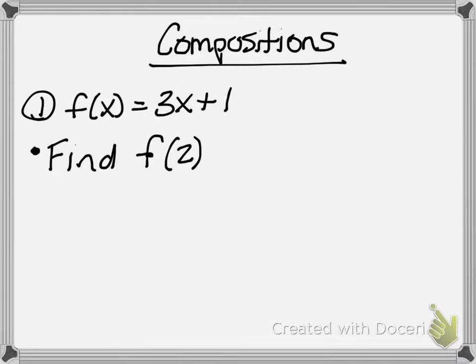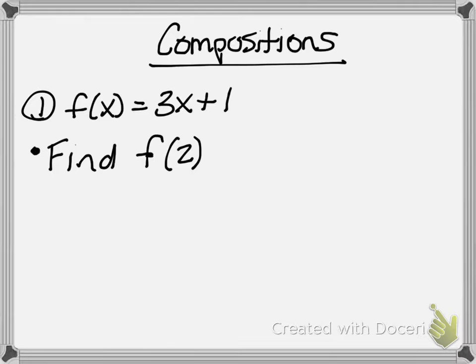Number 1 says f of x equals 3x plus 1, and we want to find what is f of 2. So 2 is inside the parentheses, which means I'm going to put that value inside of f of x. When I have f of x, if I'm trying to find f of 2, everywhere I see an x, I'm going to put a 2.